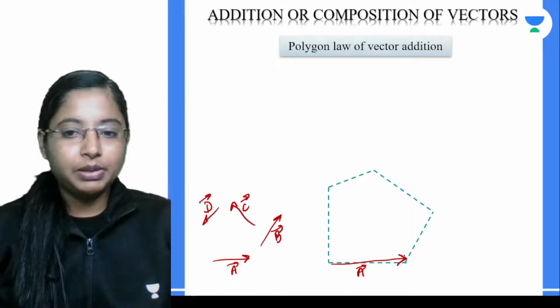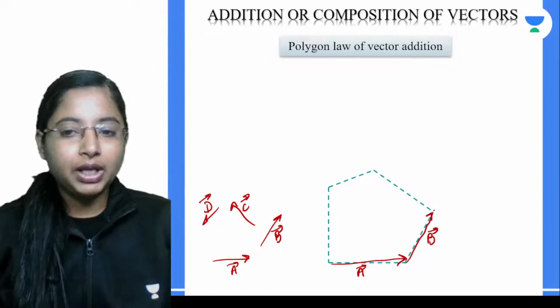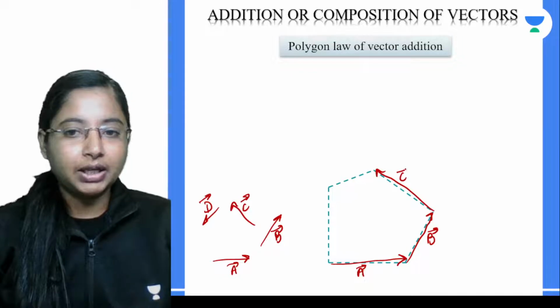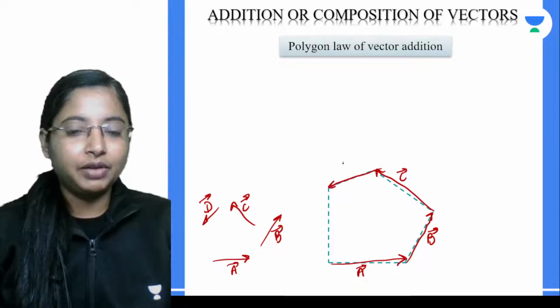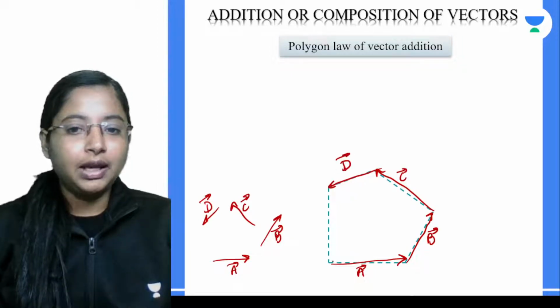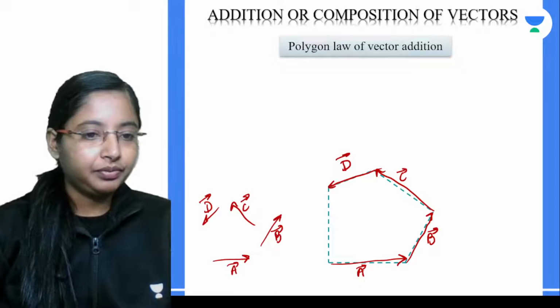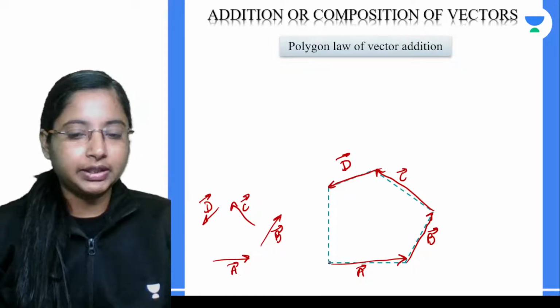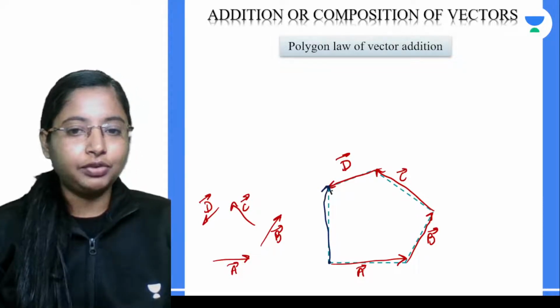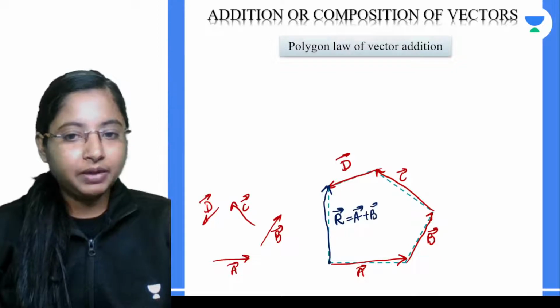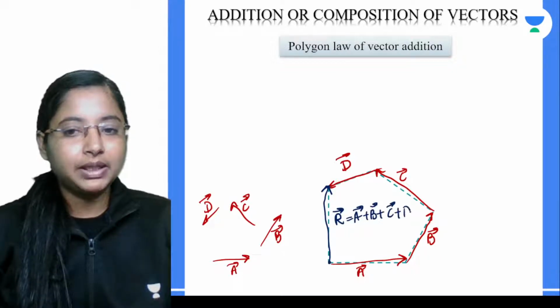From the head of vector A you can start vector B, from the head of B you can start vector C, and from C you can end up giving vector D. Now, where is the initial point, and where is the final point? If you join these two, you will get the resultant R vector. So this R vector is nothing but A plus B plus C plus D.